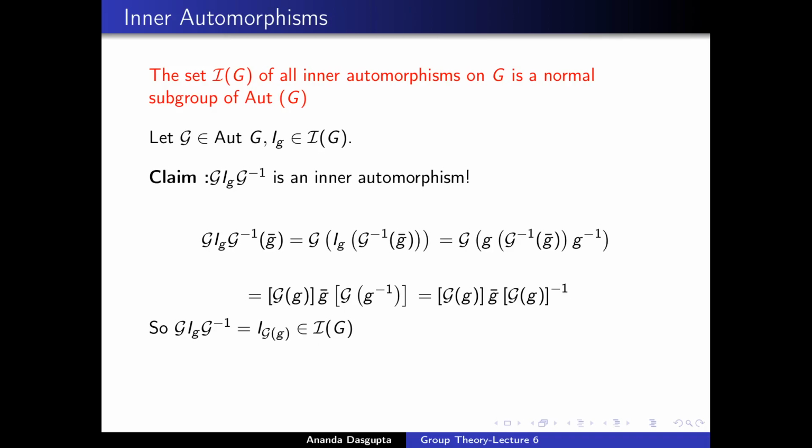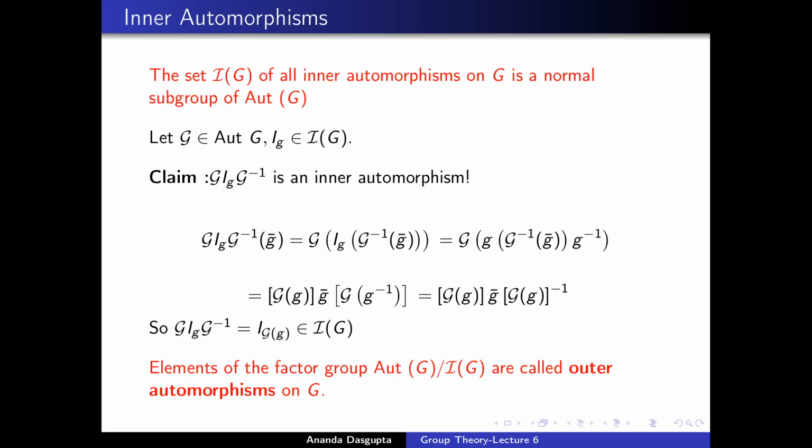And this works for all I small g. That is, if you do curly G, I small g, curly G inverse for all possible I small g, then the result is always in curly I of G, and hence, as I've said, curly I of G is actually invariant under the conjugation by any element curly G of curly G. This is exactly what we mean when we say curly I of G is a normal subgroup.